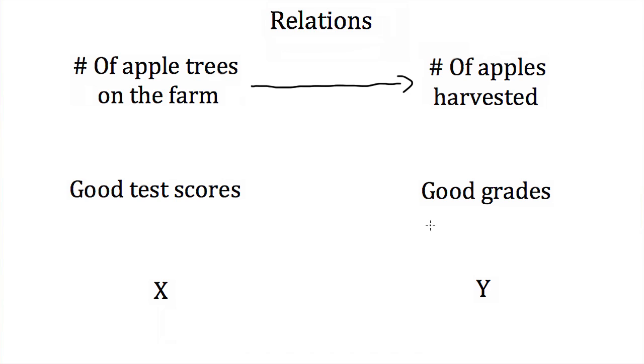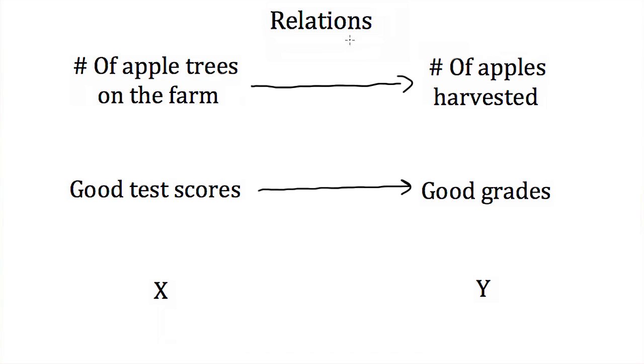Another relationship would be the relationship between getting good test scores and getting good grades. Or you can say getting good grades depends on good test scores. If I get good test scores, that will correspond to getting good grades.